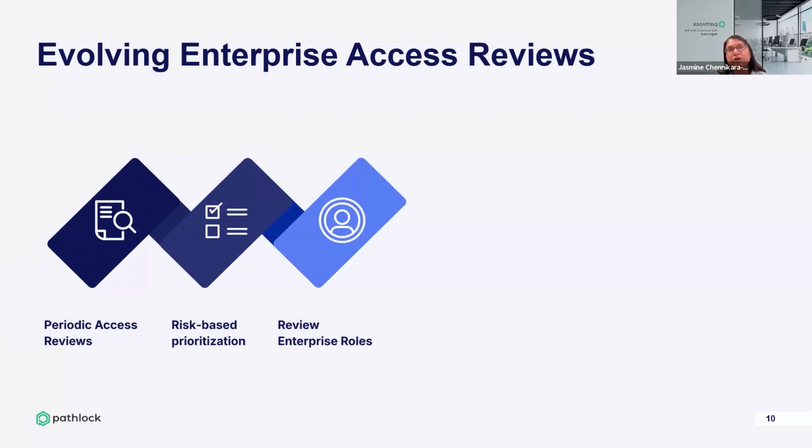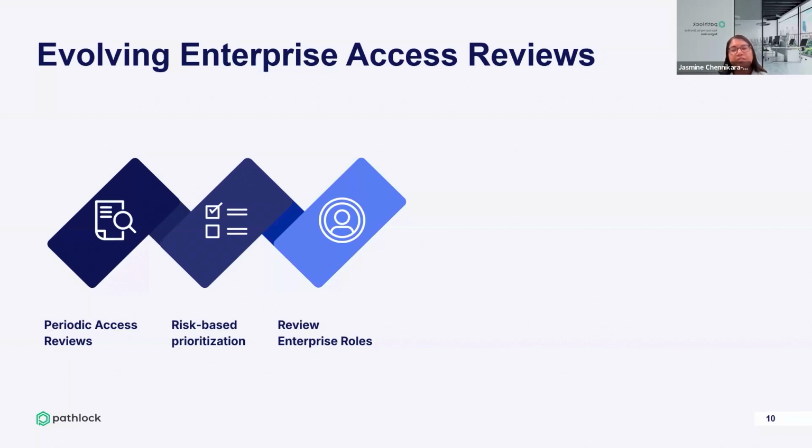So we've talked about moving from system or technical roles to enterprise roles to simplify access governance. And this is true when you consider access reviews as well. Instead of managers reviewing dozens or even hundreds of individual user permissions or technical roles, we can assign access to predefined business or enterprise roles that actually reflect the job functions. So maybe you have an enterprise role called finance analyst or HR manager that gives them the right technical roles in the different applications.